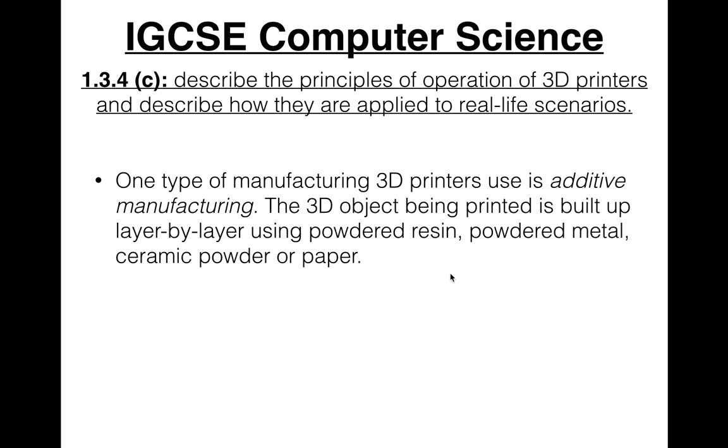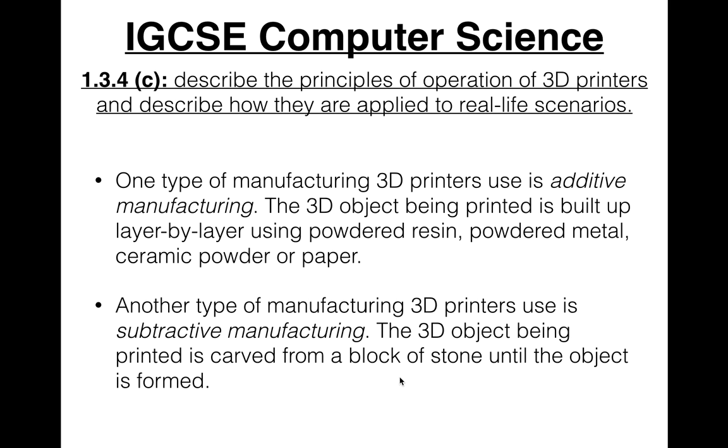Another type of manufacturing is subtractive manufacturing, where the 3D object being printed is carved from a block of stone until the object is formed. This type of manufacturing for 3D printers is less common than additive manufacturing because we could use powdered resin, powdered metal, and quite a lot of other materials.